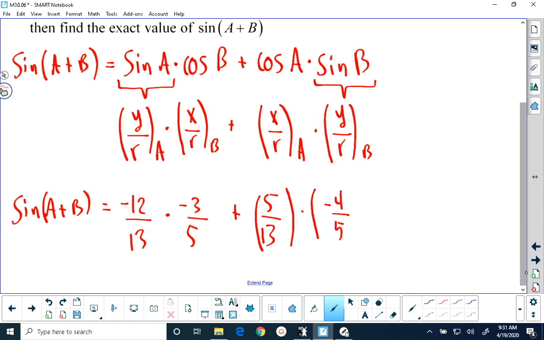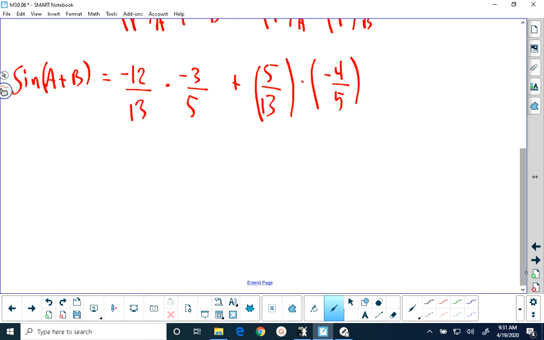And now it becomes a matter of us calculating what this is. You could, of course, use a calculator. I'm just going to do it in pieces. Negative 12 times negative 3 is positive 36 over 5 times 13, which is 65. Then I have plus 5 times 13 on the bottom is still 65. And on the top, I have 5 times negative 4, which is negative 20.